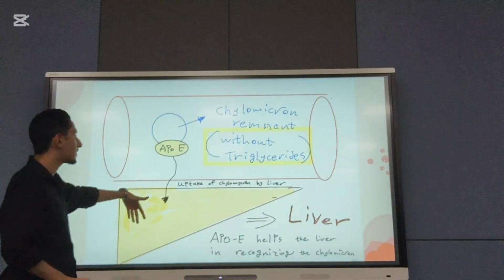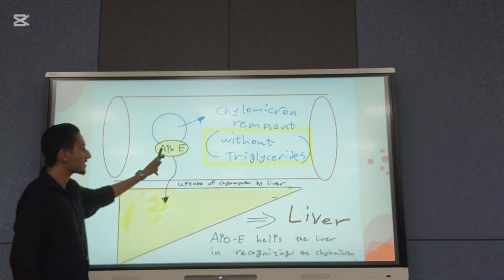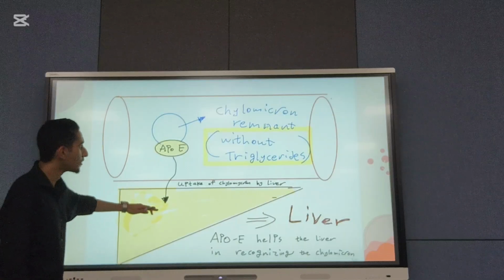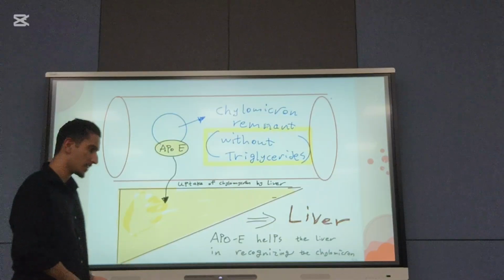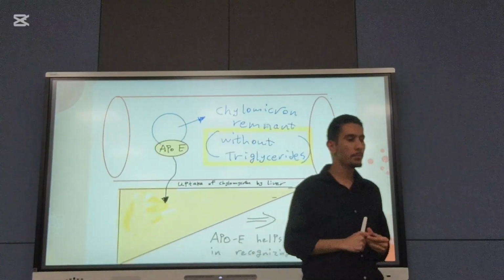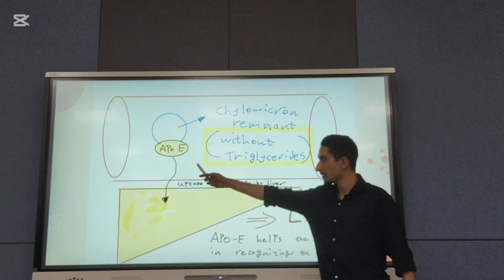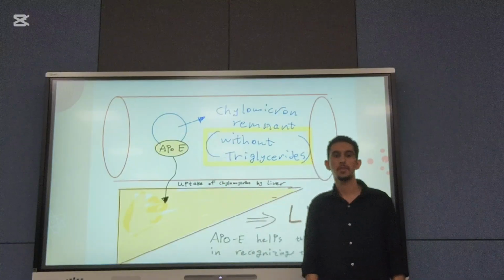We need to reuptake it by the liver. The apoprotein E is responsible for the liver recognizing this chylomicron remnant. What do I mean by this? Apoprotein E, without it, the liver won't uptake this chylomicron.